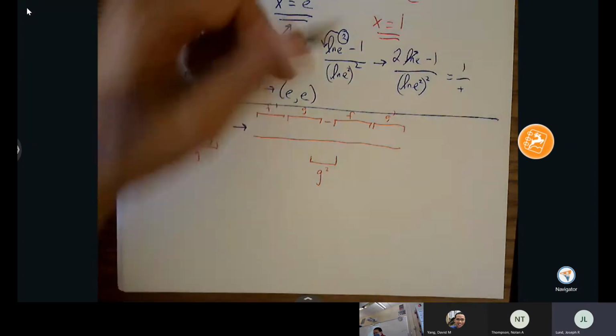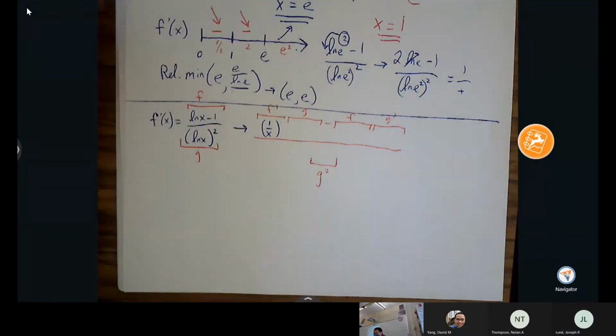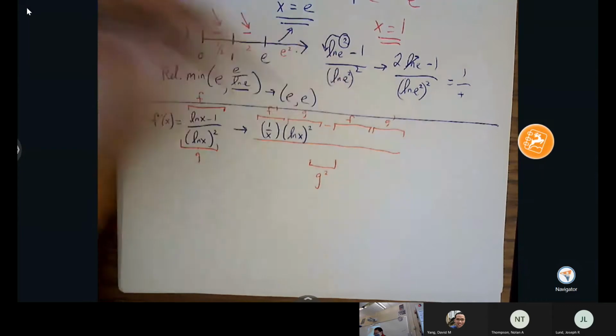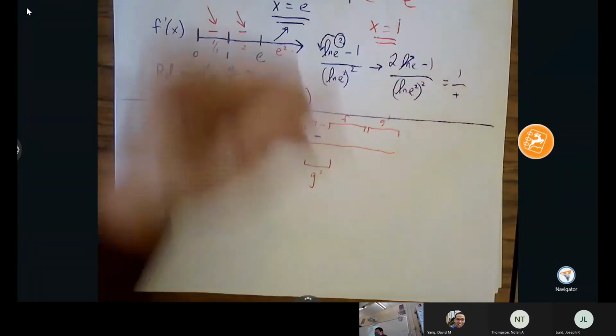One over x. G function, the same, right? Minus.